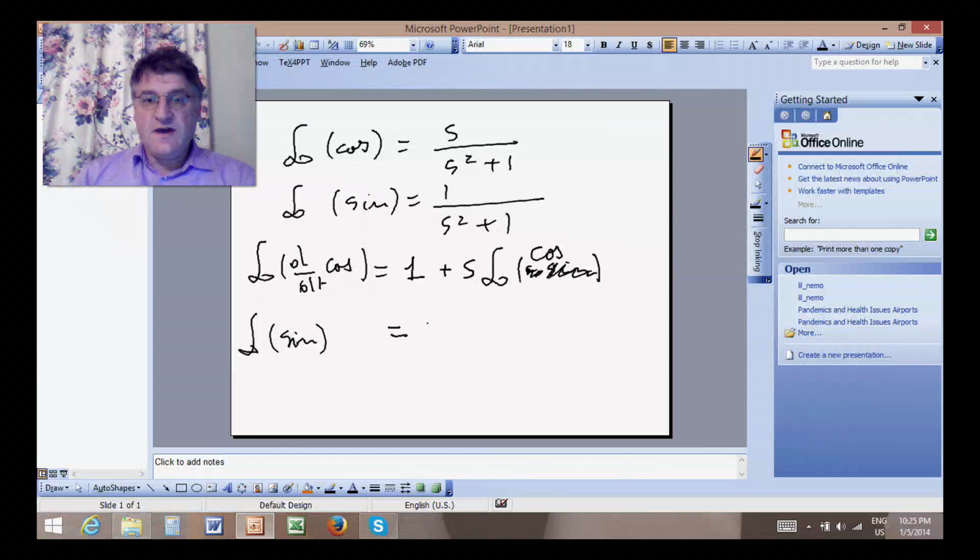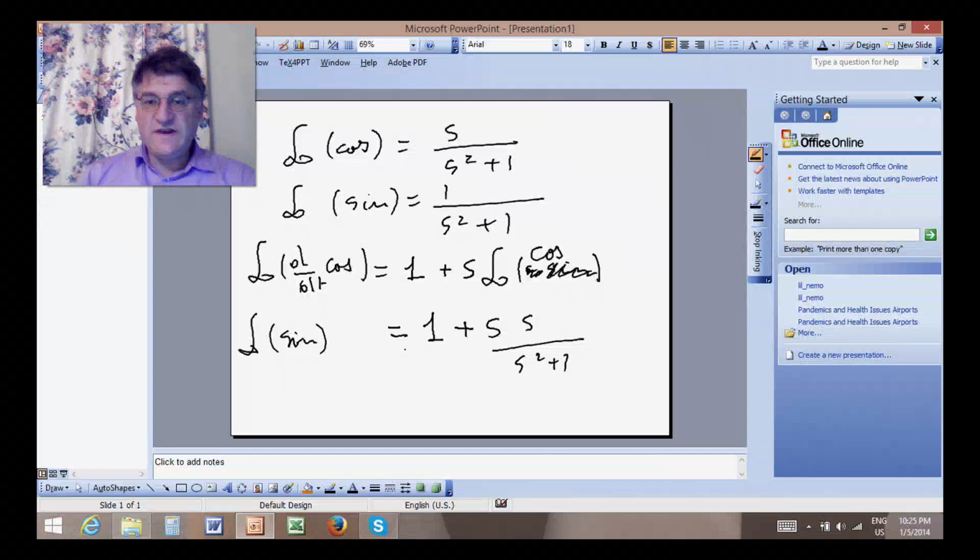Okay, and we obtain that it is equal to 1 plus s times the Laplace transform of the cosine, which is s divided by s squared plus 1.